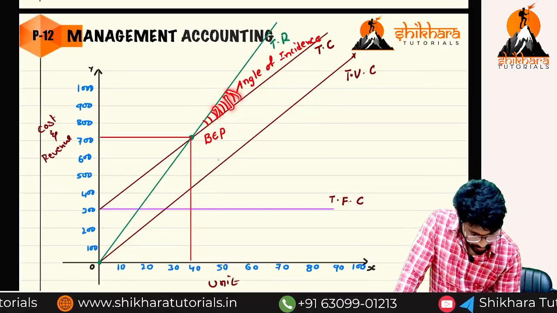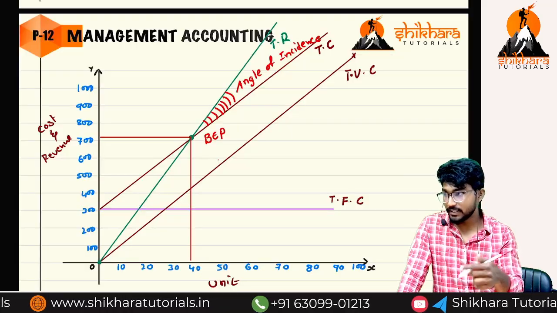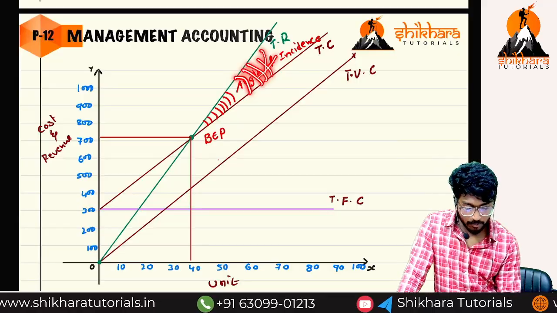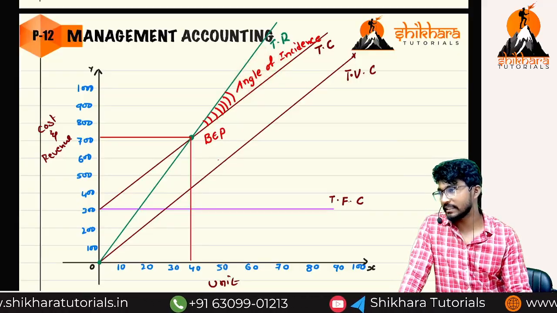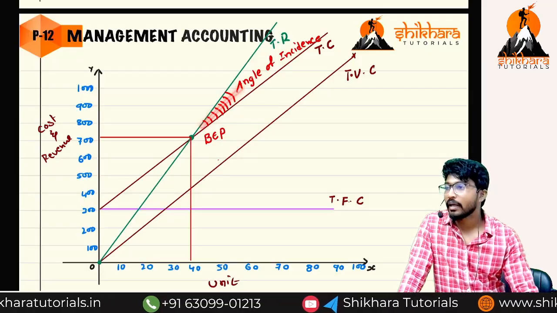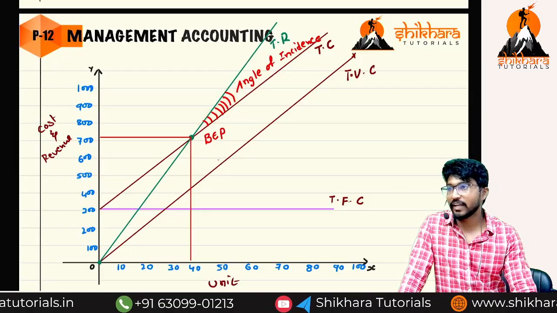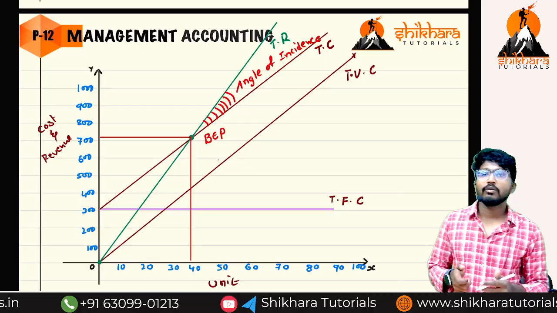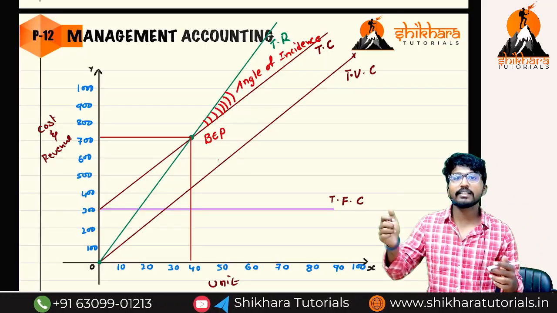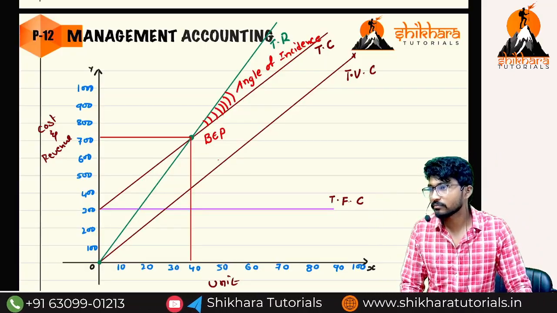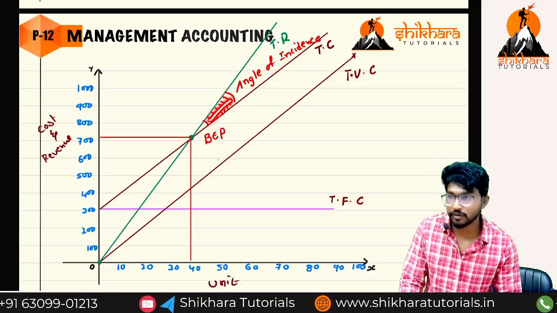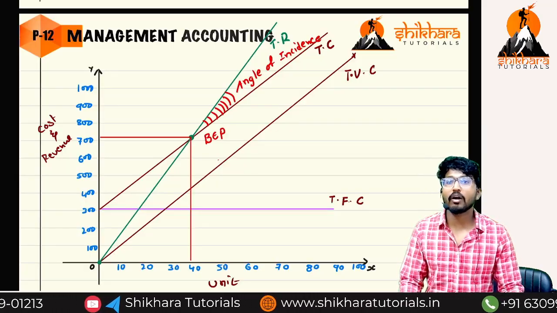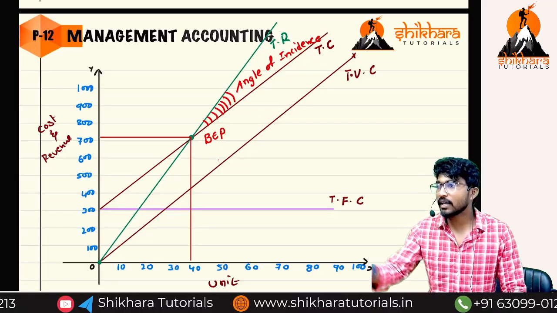This gap is known as the difference between, after reaching the break even point, whatever gap we have between TR and TC, this gap is known as angle of incidence. If your angle of incidence is narrow, that means you are taking a lot of time, or it is taking a lot of units to reach the break even point.